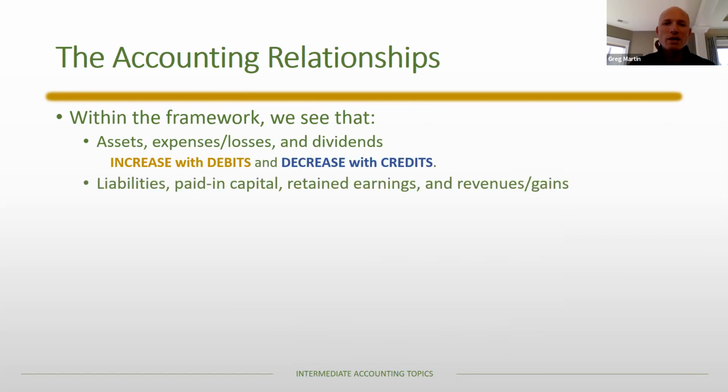For liabilities, paid in capital, retained earnings, and revenues and gains, they increase with credits and decrease with debits. So you can see assets, expenses, and dividends are lumped together. Liabilities, paid in capital, retained earnings, and revenues are lumped together. But again, debits always equal credits. Debits always on the left, credits always on the right.